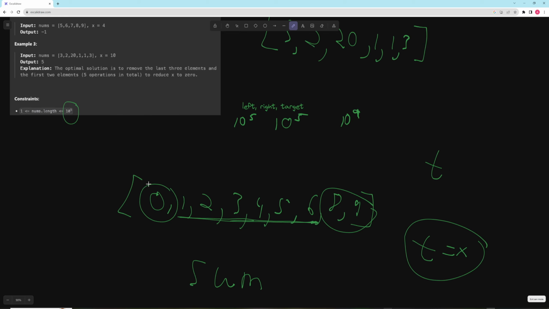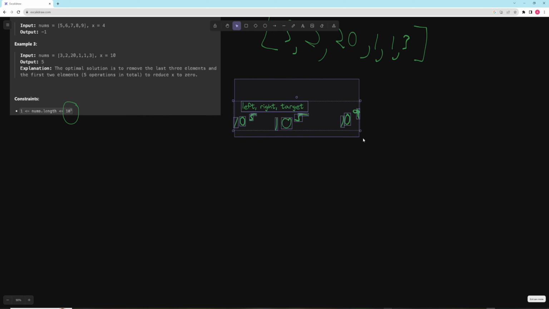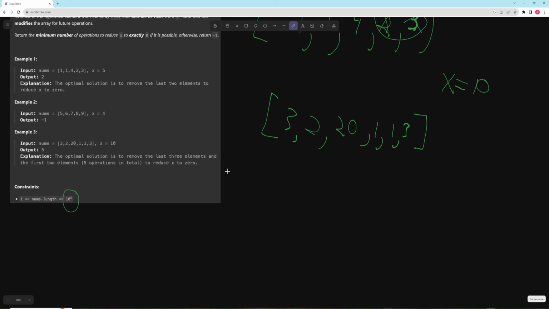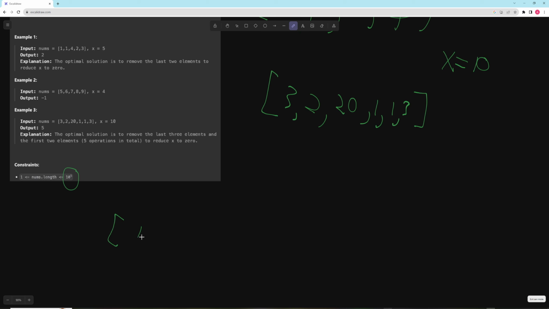So just to make this a little bit easier, let's go over this example. Maybe we can actually go over both of them, just to make it a lot easier to understand. So let's say we have 1, 1, 4, 2, 3. What we're going to do is first sum up the array, right? So this array sums up to 11. So sum equals 11.